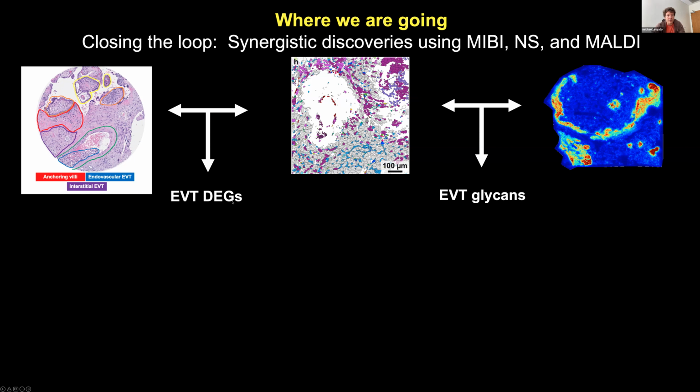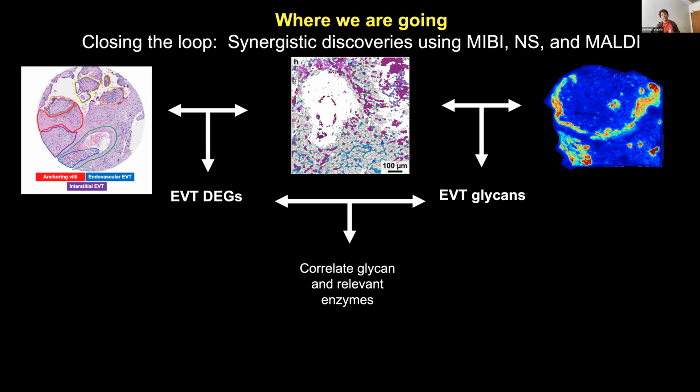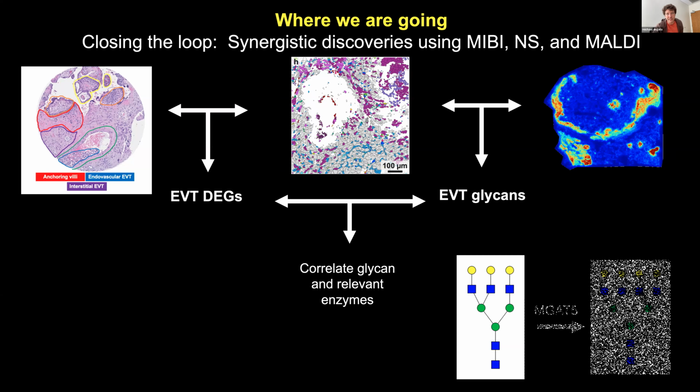And so the cool thing is that now we're really starting to see how we can close the loop between these two things. I think Kay alluded to earlier that she found this really interesting correlation with increasing levels of a glycan that's produced by an enzyme called MGAT5. And that pathway you can see is here.